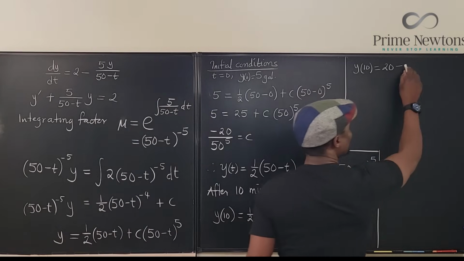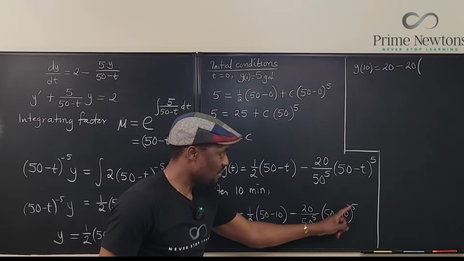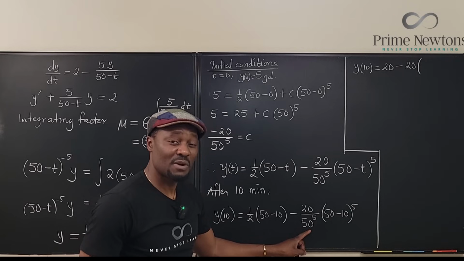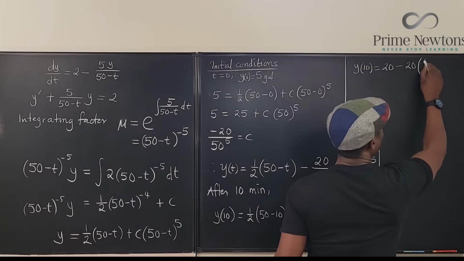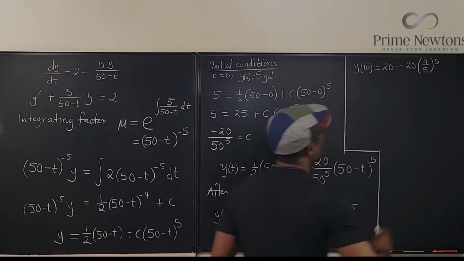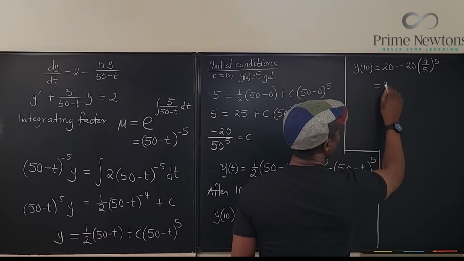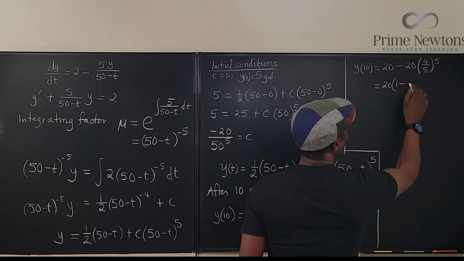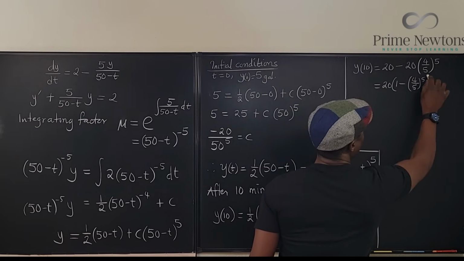So I'm going to write it as 20 times 40 raised to power 5 divided by 50 raised to power 5. That's 4 over 5 raised to power 5 times 20. Nice. I can pull out the 20. So this is 20 into 1 minus 4 over 5 raised to power 5.